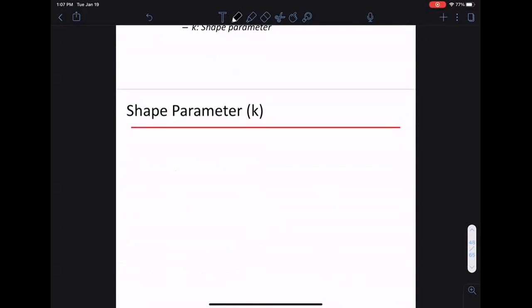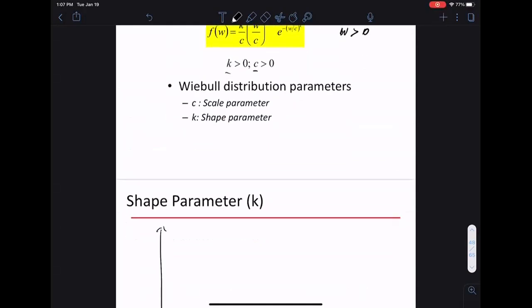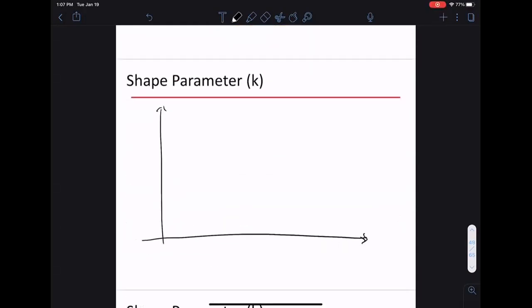Okay, so let's look at the shape parameter k. Why is k called a shape parameter? Basically what k does is the following. Again, this variable w is larger than 0. So what the shape parameter does, let's say c is 1, is for a small k, it really doesn't have a peak in the middle.